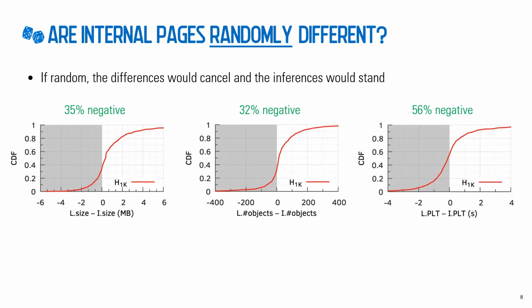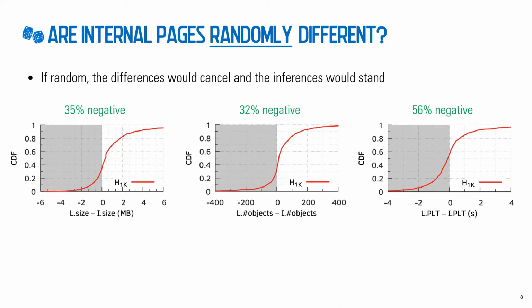From being bigger and having more objects, one might expect the landing pages to be slower than internal pages. But as we can see in the plot on the right, that is not the case. In this plot, we calculate the difference between the page load time of the landing page and the median page load time of the corresponding internal pages.